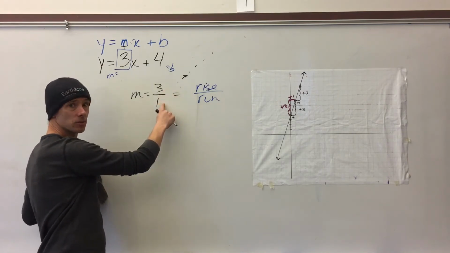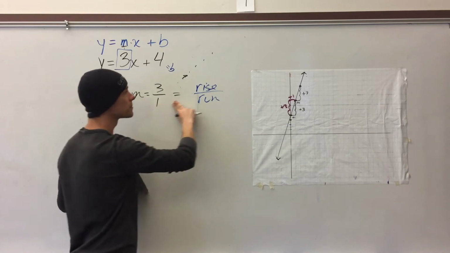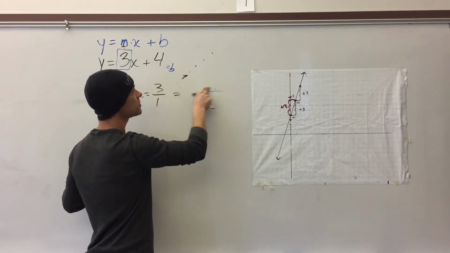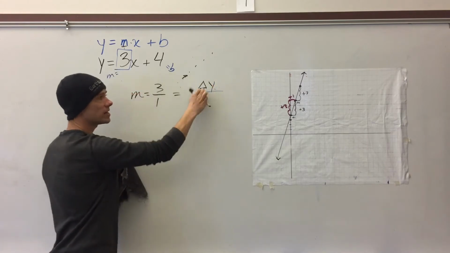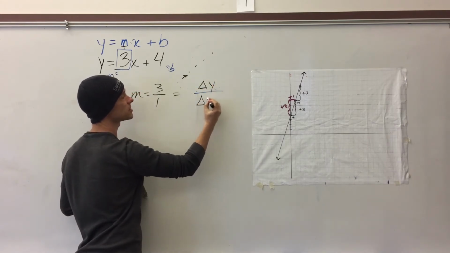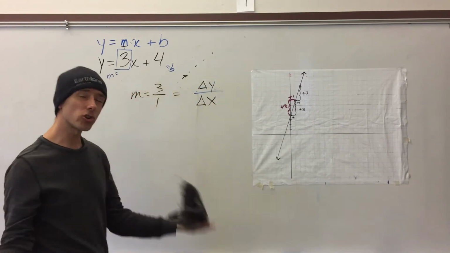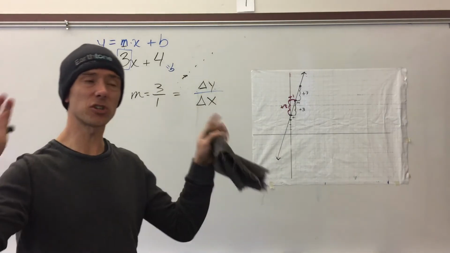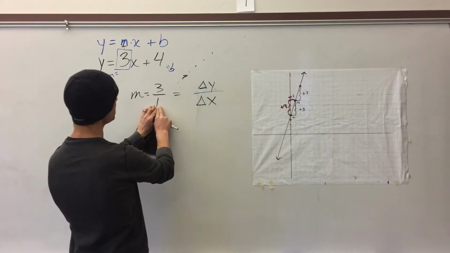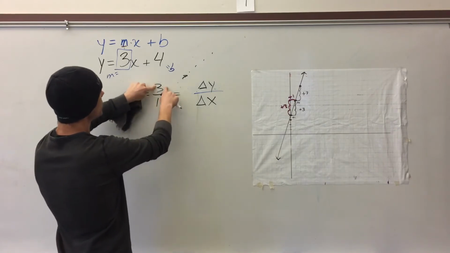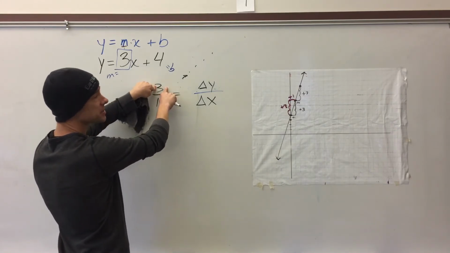So a rise of 3 and a run of 1. But I would prefer perhaps you to think about it as that's how y is changing, and this is how x is changing. So the little triangle in mathematics stands for change in. So this says if you change x by +1, y must change by +3.